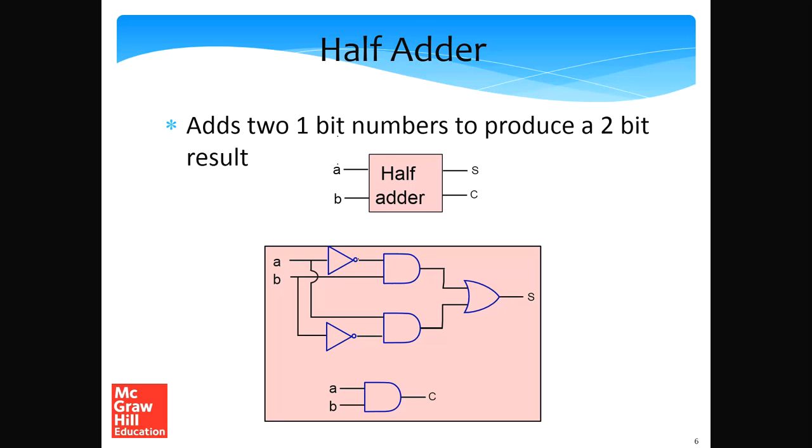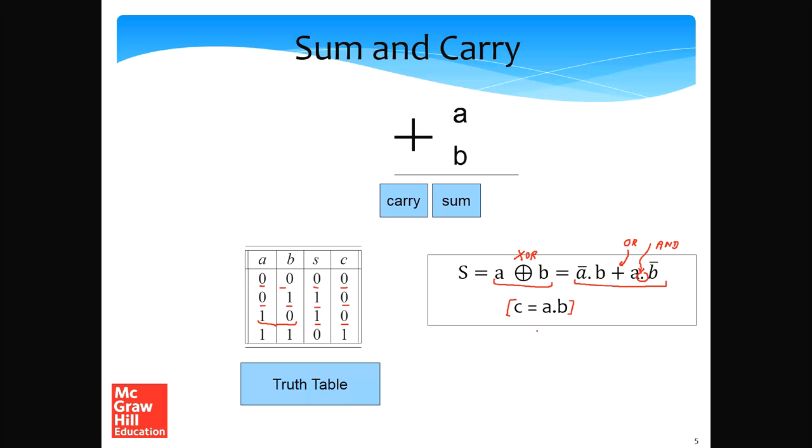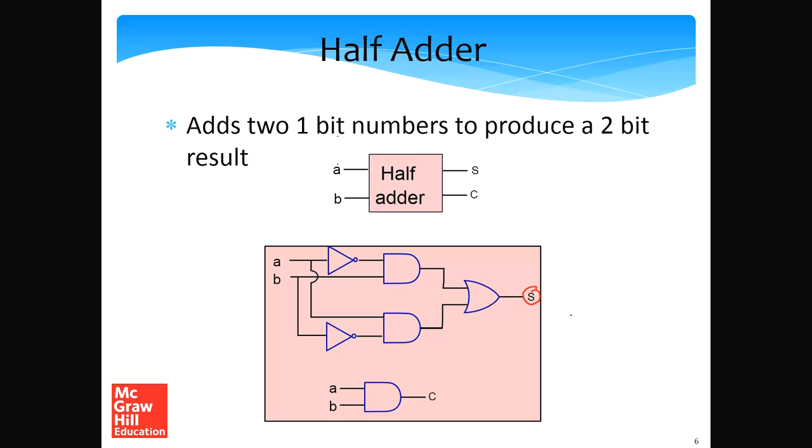We take A complement and AND it with B, and the other branch has A AND B complement. After the two AND gates, we compute an OR function, and this becomes the sum. The carry was anyway A and B, so we pass A and B via an AND gate, and the result is the carry.